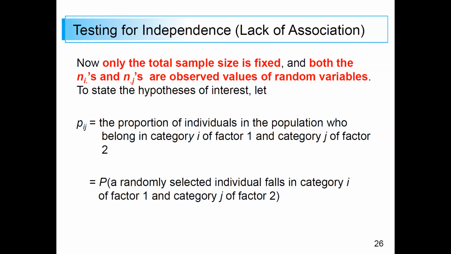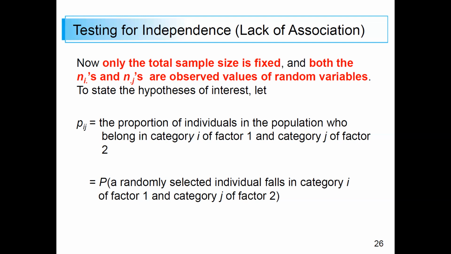So for this case, if the null hypothesis of independence is true, we would be able to write the cell probability, like the i-th row, j-th column cell. What's the probability of an individual selected out of the whole population falling into that cell?